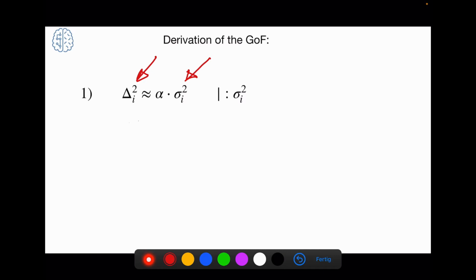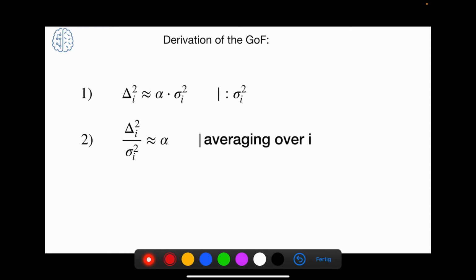And if both of these conditions are met, then delta squared is, on average at least, as small as it can be in this data set, as small as possible. Now let's bring sigma squared on the left-hand side. And then we have delta squared over sigma squared for the individual reflection I equals approximately alpha.